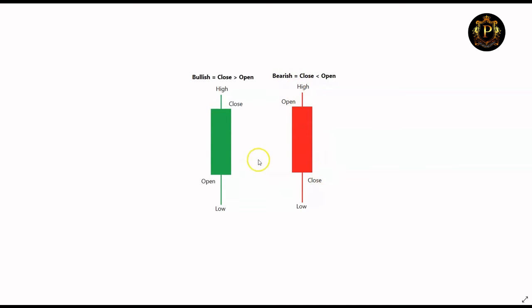Now, this is what we call a body. When the market opens on any particular trading day, you have what you call the opening price.